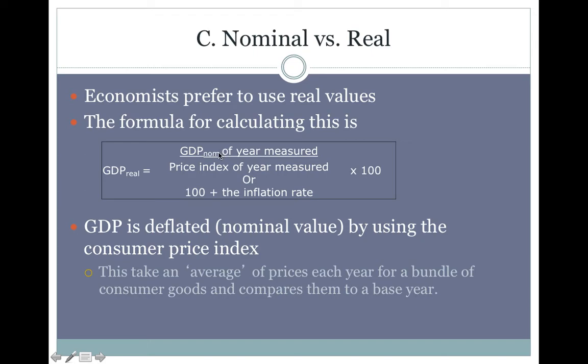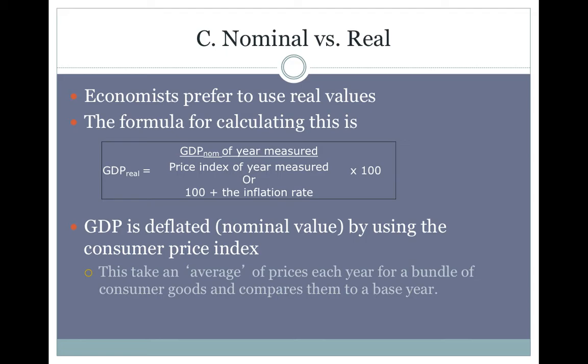We then take the CPI, which in our case, between one year and the next, was 106, I believe, and then we divide the GDP we've calculated by the CPI, 106 point whatever, and then multiply it by 100. The other way you could think about it is 100 plus whatever the inflation. So in the previous slide we saw that inflation was about 6%, 6.4 or whatever it was.